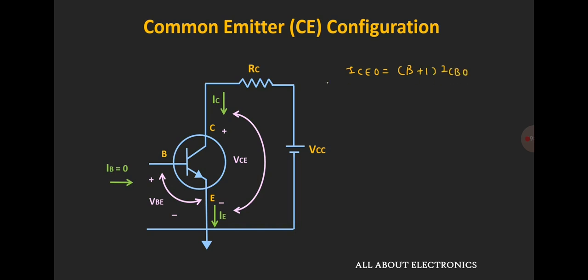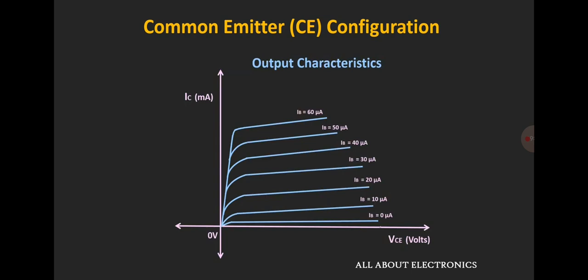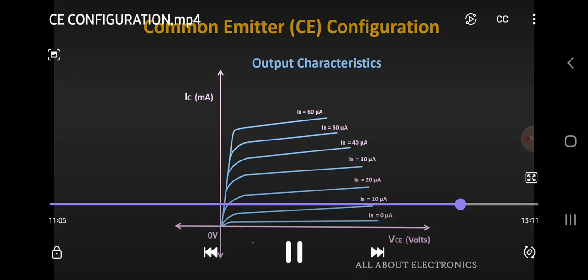That means in this common emitter configuration, this leakage current gets amplified by the factor of beta plus 1. So let's say for one transistor, if beta is equal to 99 and the value of ICBO is equal to 1 microampere, in that case this current ICEO will be equal to 100 microampere, and that is why in this cutoff region there is a large leakage current.